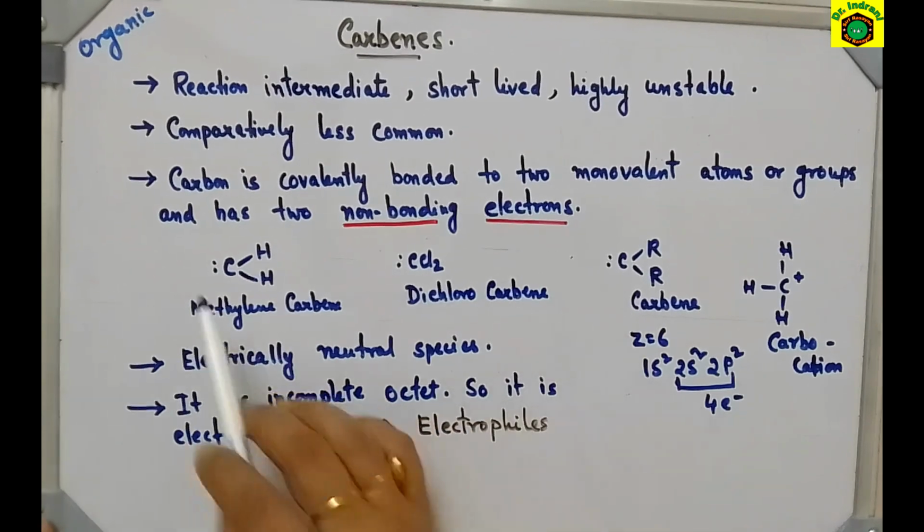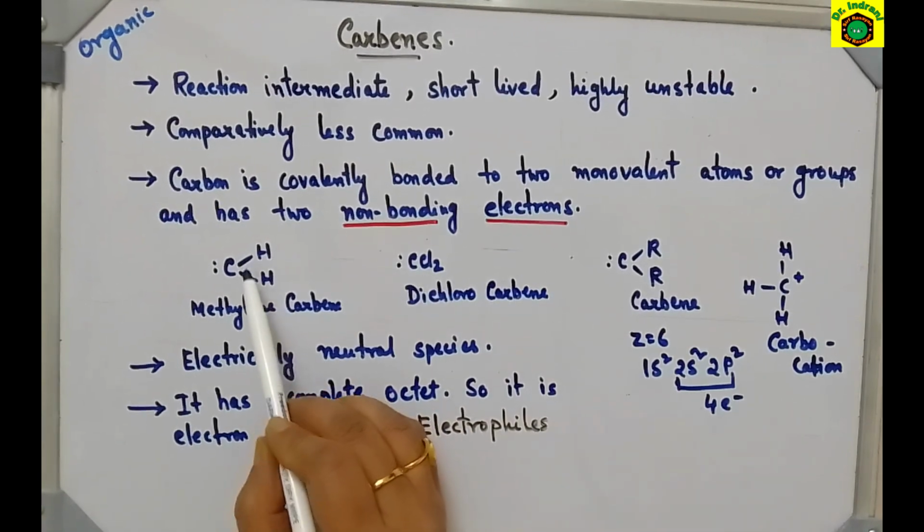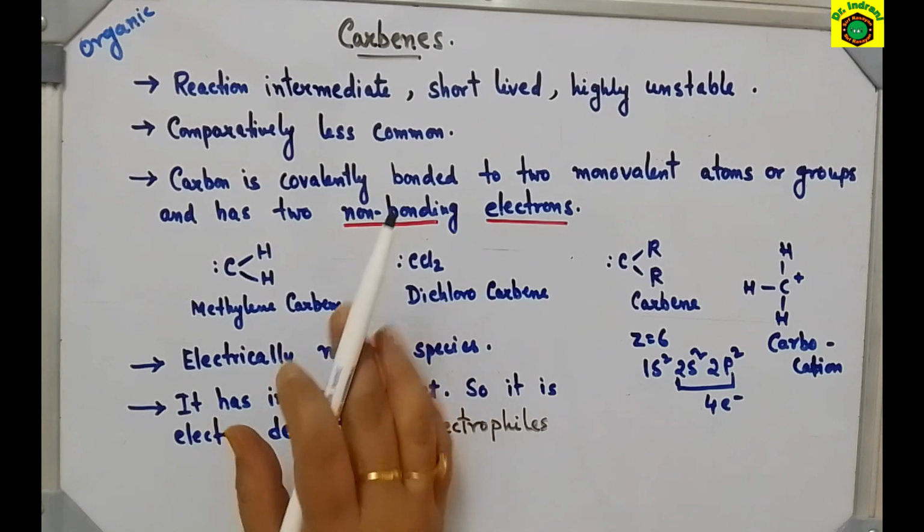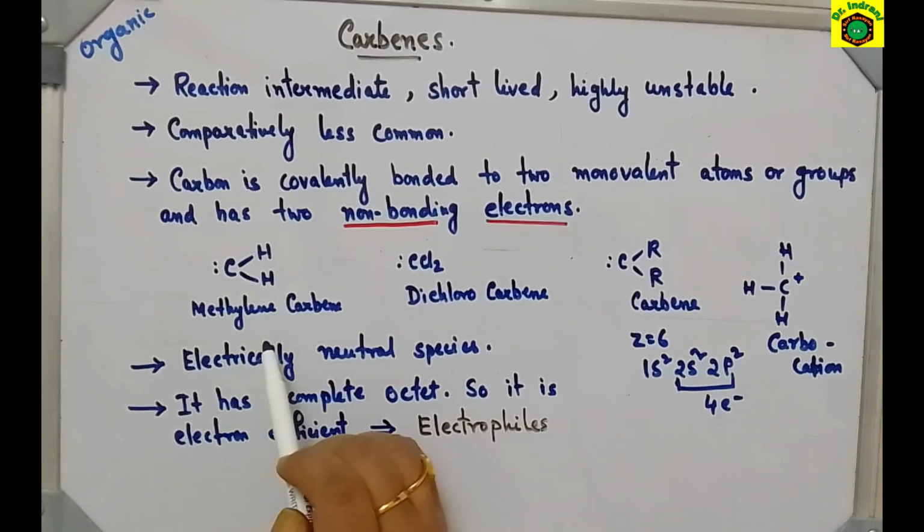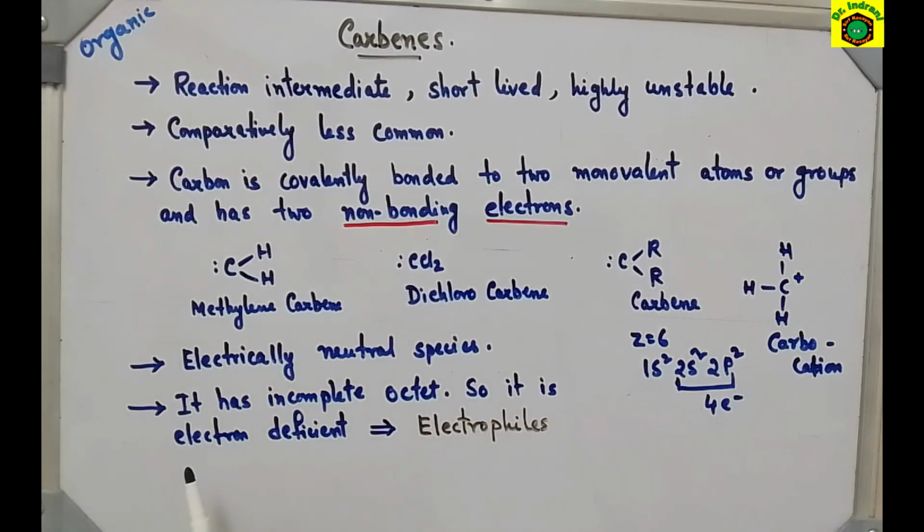Now see in the carbene, it has 6 electrons in the valence shell after sharing, so it has an incomplete octet. So it is electron deficient.